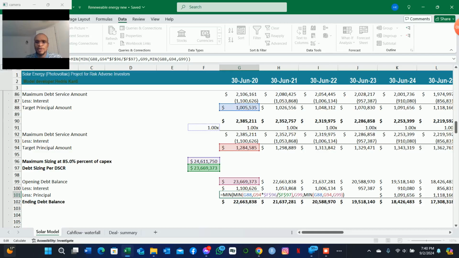So we are paying the minimum of the opening balance or the target principal for the P50 or the target principal for the P99, or we are paying the minimum of the two target principals multiplied by the ratio of the maximum size at 85% of capex and the debt sizing per debt service coverage ratio.